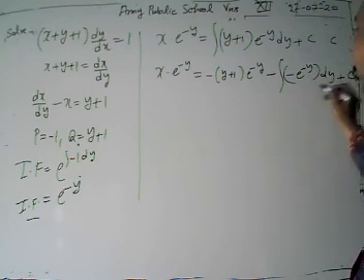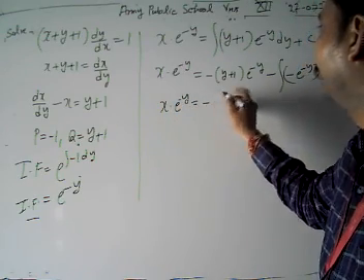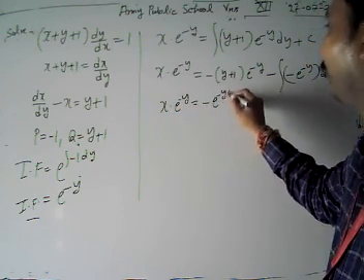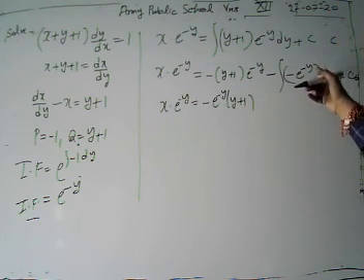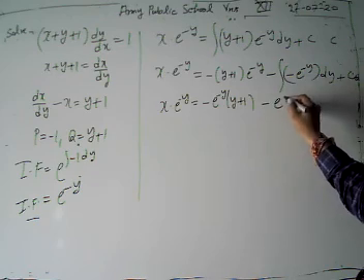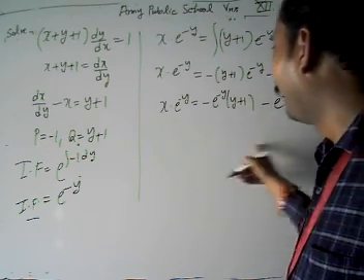plus c. Then we get x into e to power minus y equal to minus y plus 1 into e to power minus y. We get minus minus plus, but again the integration of e to power minus y is minus, so we get minus e to power minus y plus c. Now after dividing by e to power minus y, what do we have?